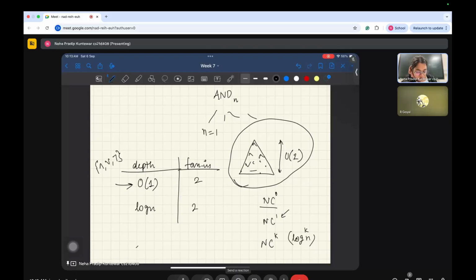Yes, and what about the size? How many different gates can I use? Say in NC1, the depth could be log n, and the maximum fan-in would mean the number of inputs, I guess, or something else? For every gate, how many incoming arrows. Okay, yes.